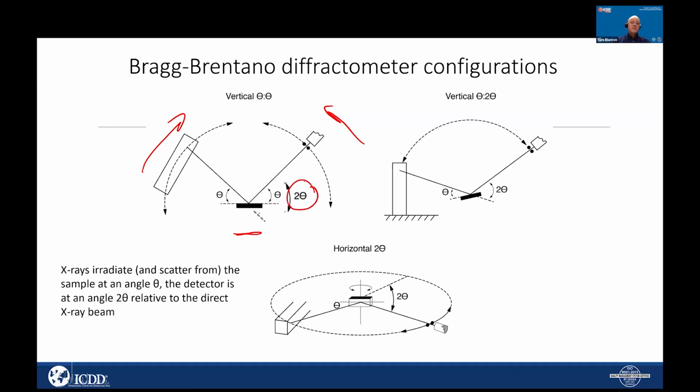So this is why your plot is I versus 2 theta. You can also have a geometry where the tube is set, the sample stage will move, the detector moves, or you can have a horizontal position where the source is fixed. Again, the sample moves, the detector moves, but in all cases, it's the detector at 2 theta relative to the direct beam.